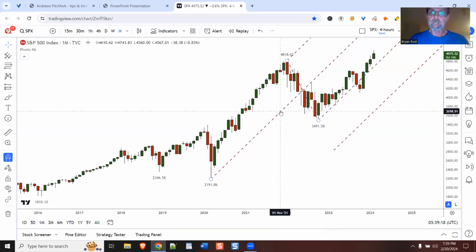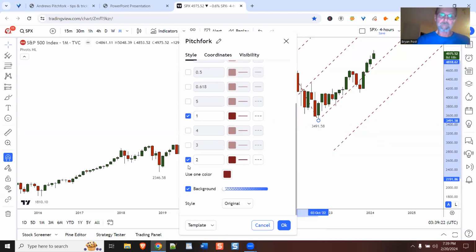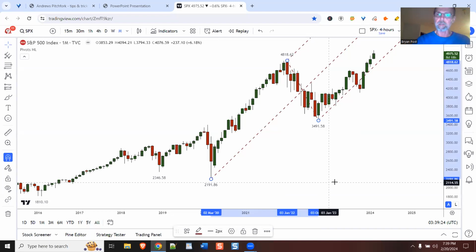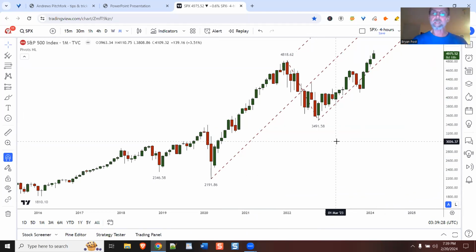Let me get rid of the extensions in there. So now what we're looking at is the original Andrews Pitchfork drawn from these three pivot points.